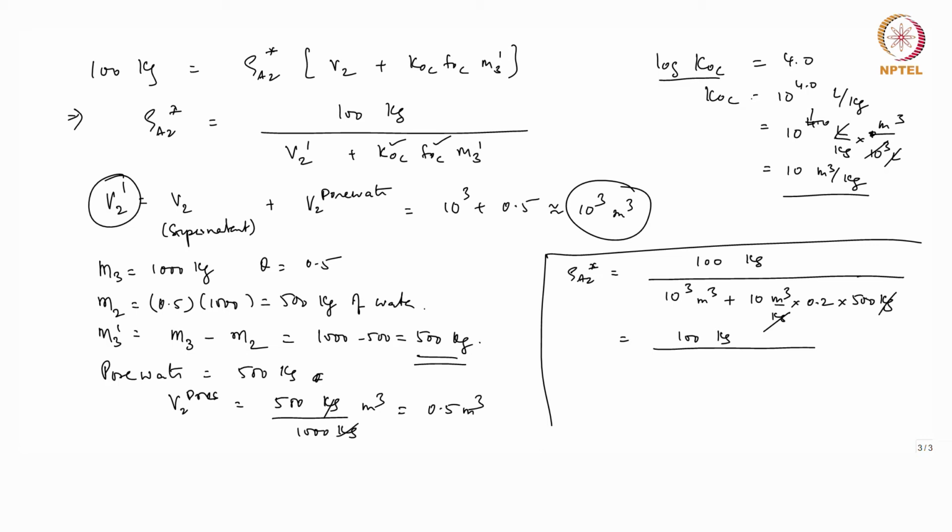So, this will be 5000 into 0.2, which is 1000 again. So, it is 2000 meter cubed. Is that correct? Just check the calculation once. I do not have a calculator.